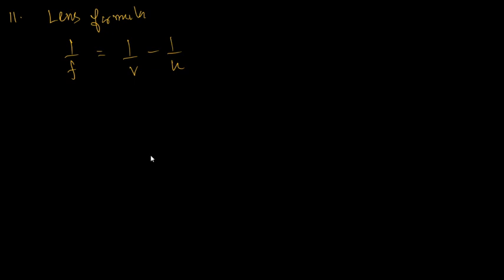This is the lens formula. And this can also be represented as, you can take the LCM uv, and therefore u minus v, that is equal to 1 by f. Suppose you are asked f, then f is uv by u minus v.